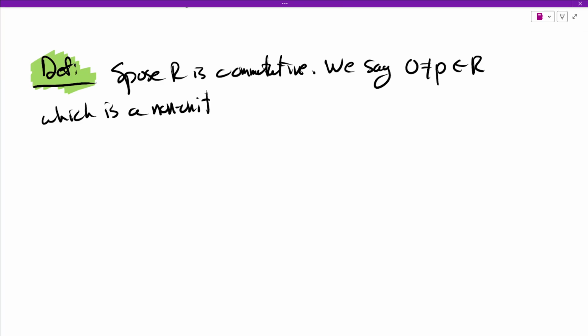When we were talking about the integers, we avoided units by demanding that our primes be bigger than 1. So that was us avoiding units. And now this is us avoiding units, saying non-unit. A non-unit is called prime if what?